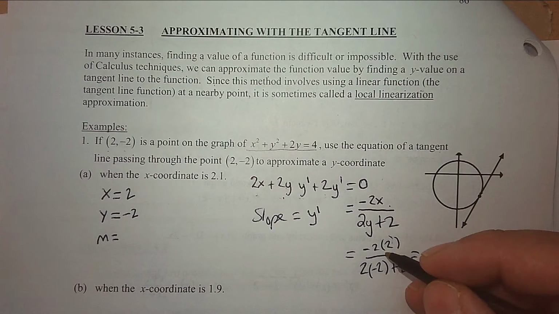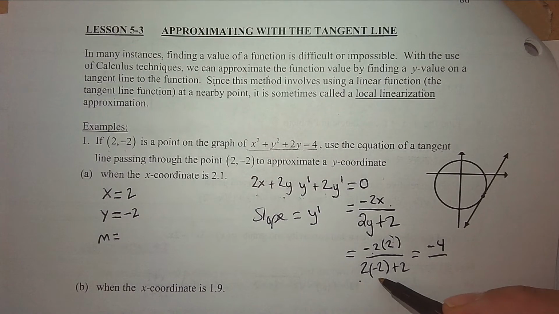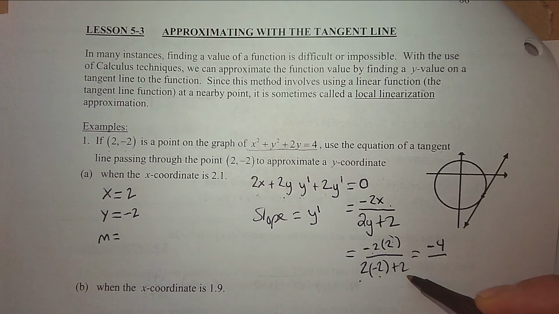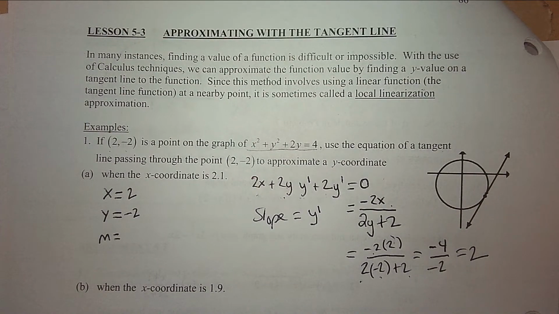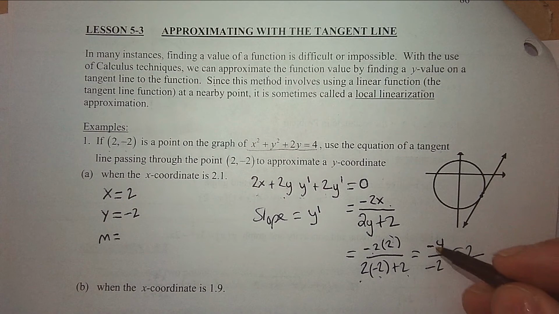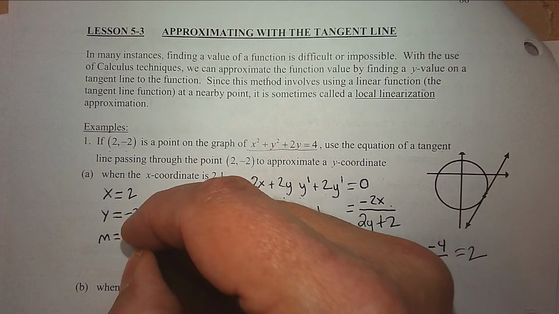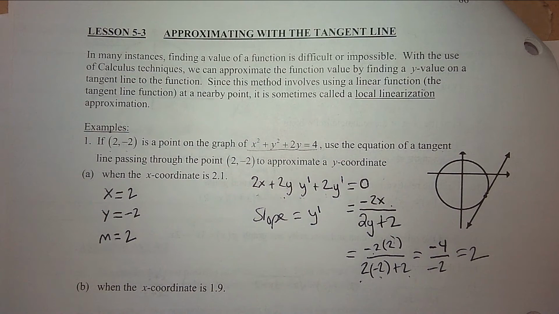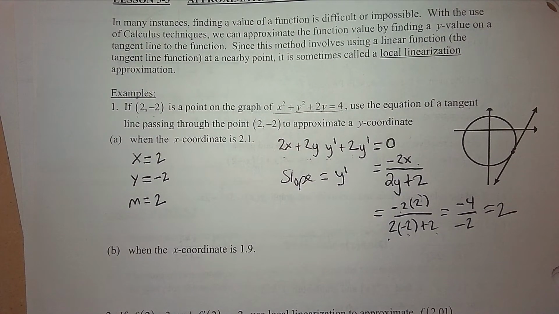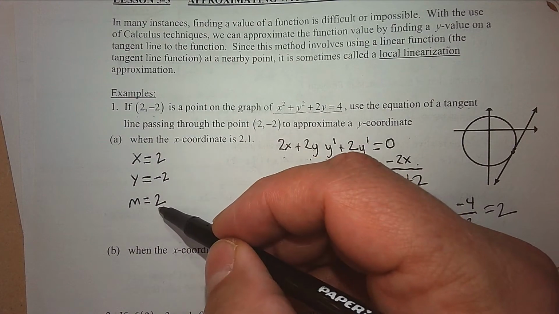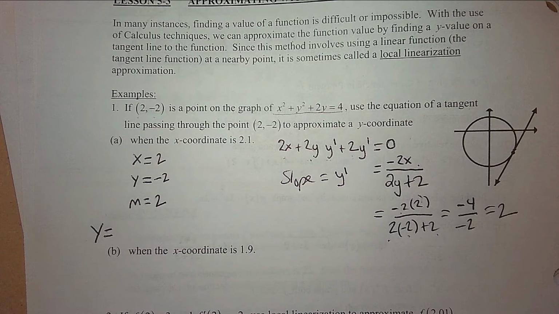Let's say negative 2 times 2 is, and 2 times negative 2 is negative 4, plus 2 is, so all together, negative divided by negative, right, is positive 2. So, do we now have enough information to find the equation of a line? What would it be? What's the equation of a tangent line?